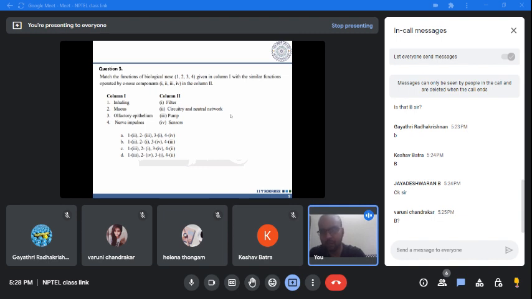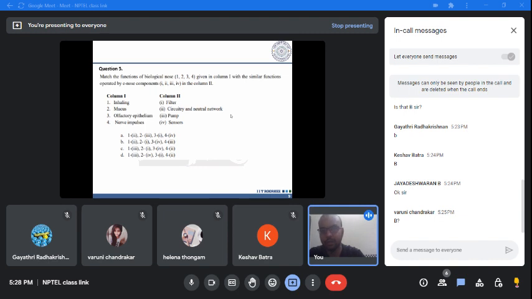So we need to match. Column 1 has inhaling, mucus, olfactory epithelium, nervous impulses, and column 2 is given by the e-nose. An e-nose is an electronic component that works like our biological nose. They have given filter, circulatory and neural network, pump, sensor.